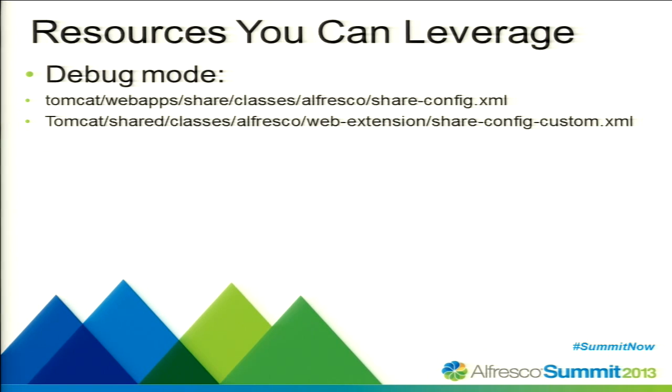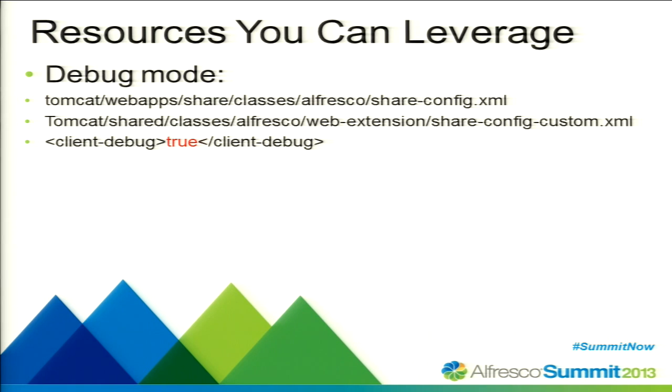Also is this page, or this configuration here, which I think also used to be in the product, but does some interesting new stuff now. So there's a couple of different places that you can configure this tag, which is called client debug. If you turn this tag on to true in either one of these files, the share custom config overwrites the configuration in the primary base one at the top.